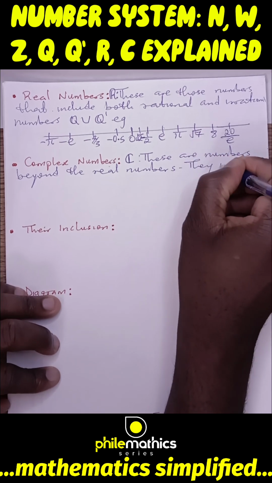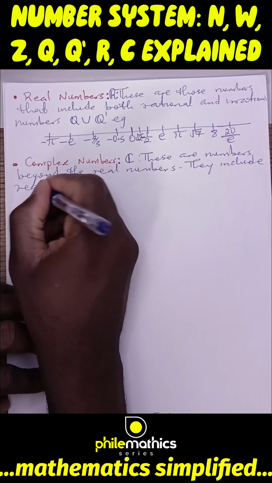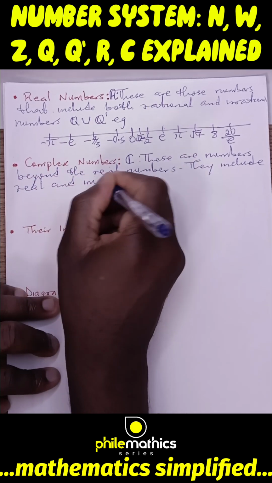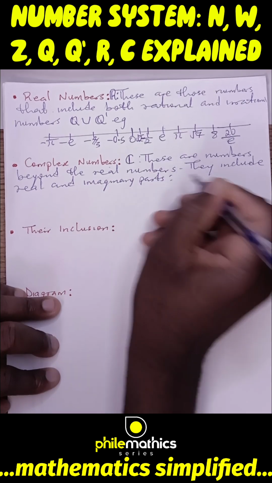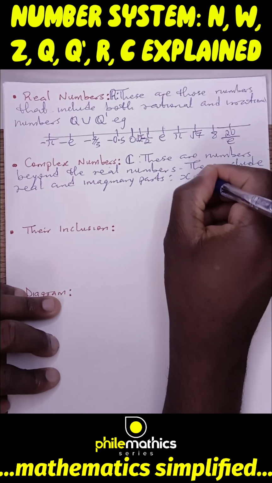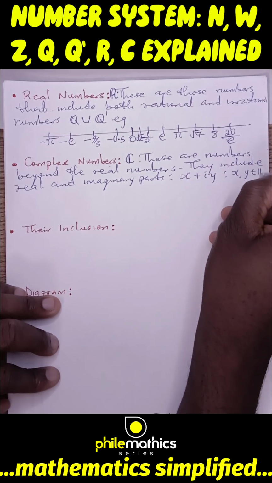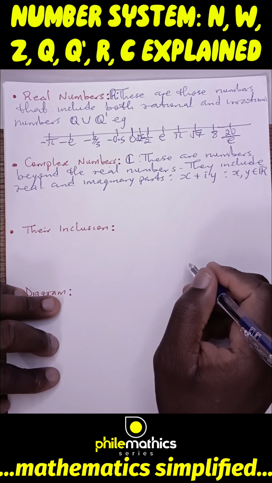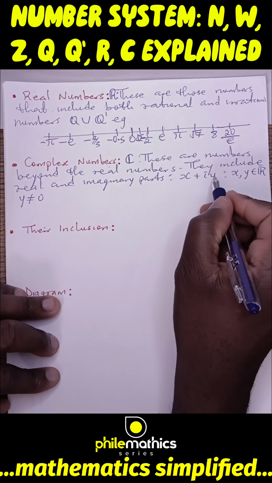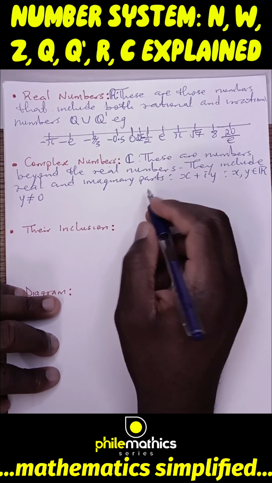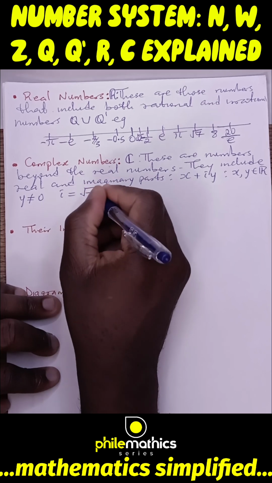They include a real and imaginary part. They are written as x plus iy such that x and y are coming from the real numbers, and y is not 0, because if y is 0, it becomes a real number. And this i is given as square root of minus 1.